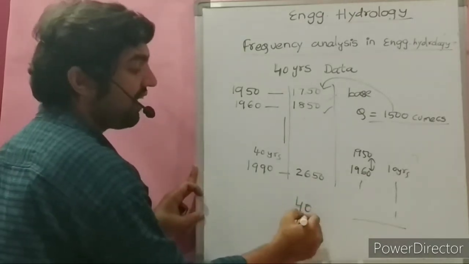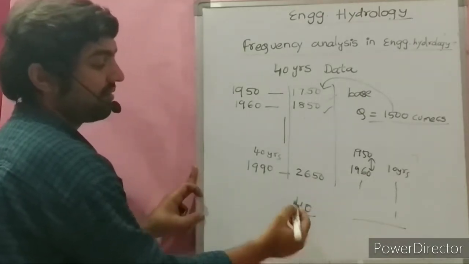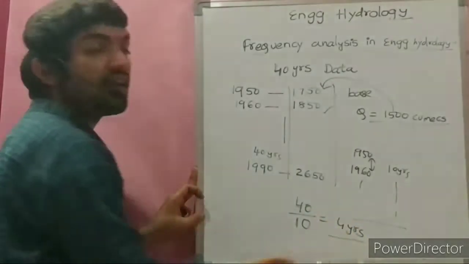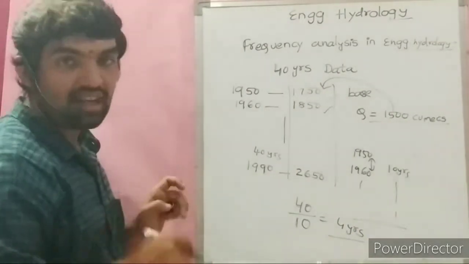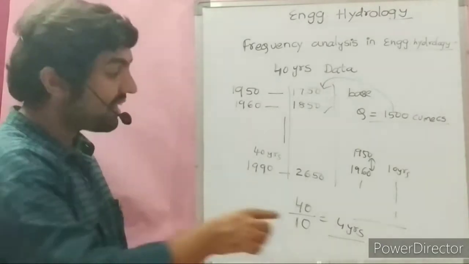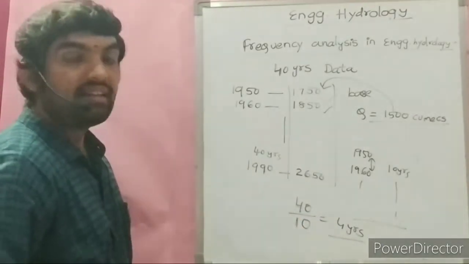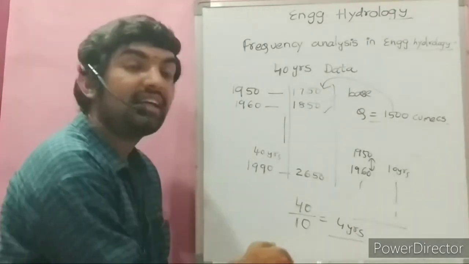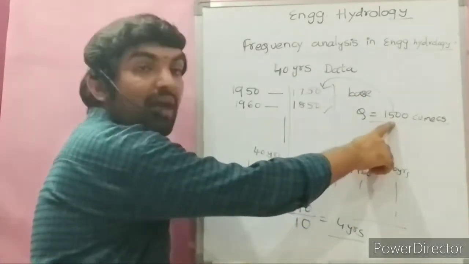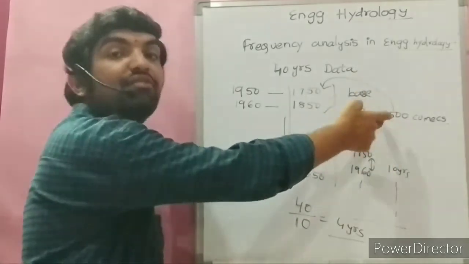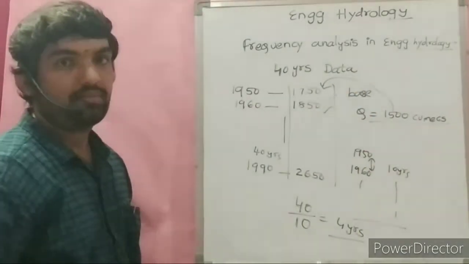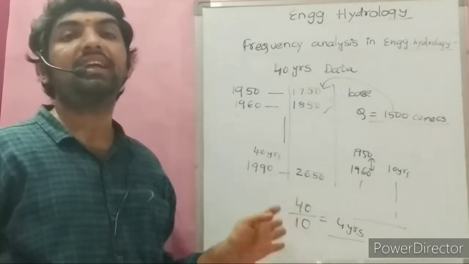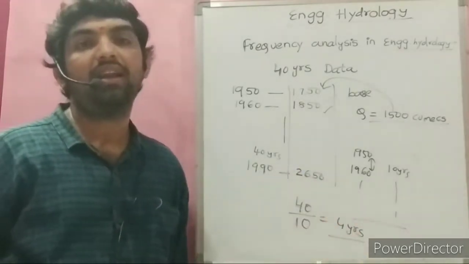Let us say the equaled or exceeded count is 10 years. So this is 4 years. This 4 years is nothing but the recurrence interval, the average recurrence interval. This means for every 4 years a flood of magnitude equal to or exceeding 1500 is occurring. For every 4 years it is repeating, recurring. That is why it is called recurrence interval.